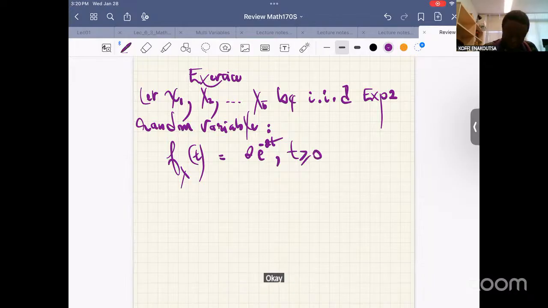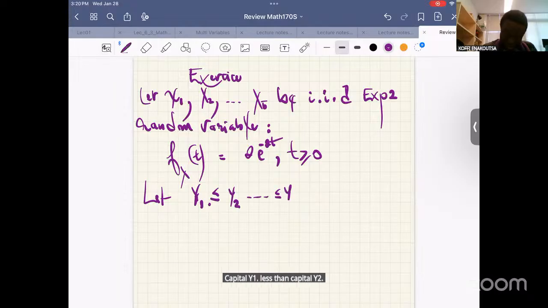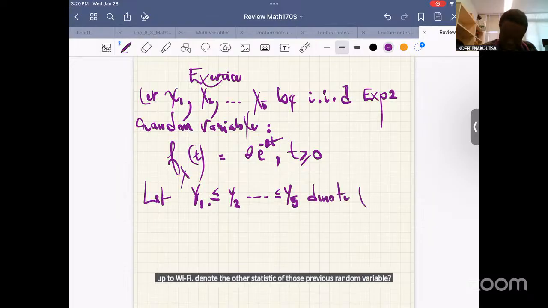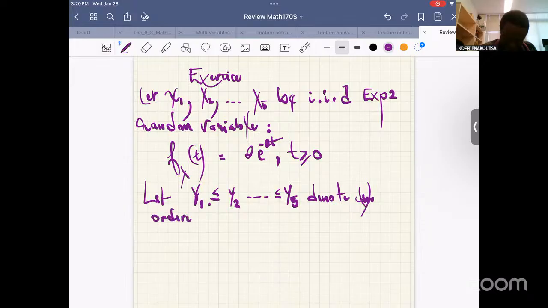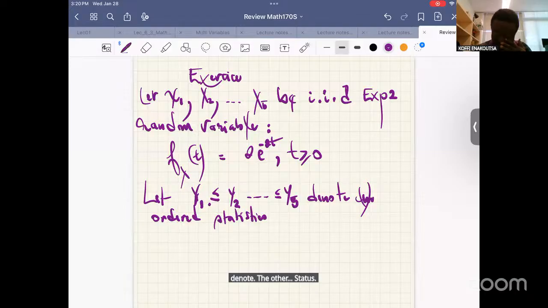Okay. So next, let capital Y1 less than capital Y2, etc., up to Y5, denote the ordered statistics of those previous random variables, the ordered statistics of X_i.